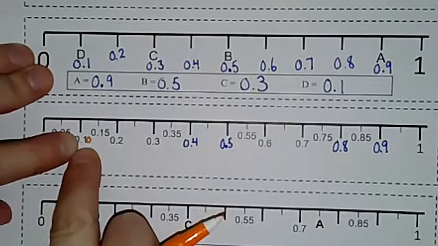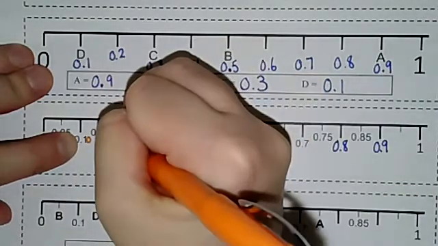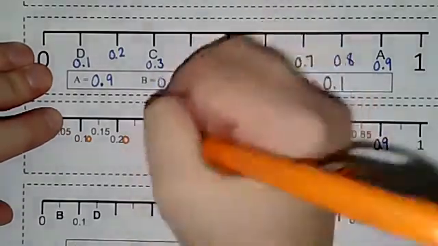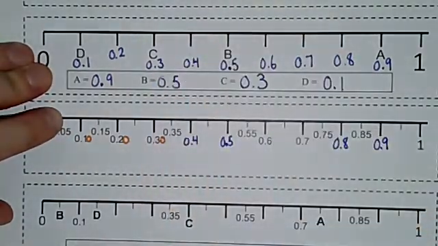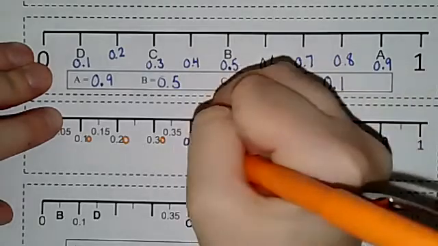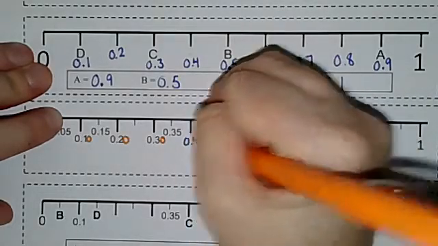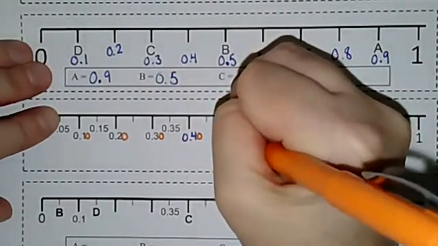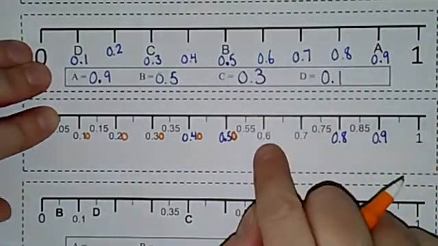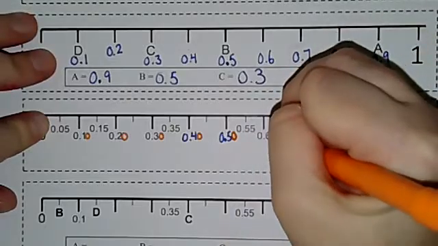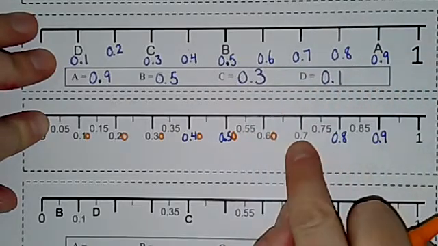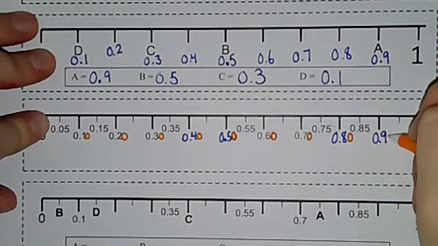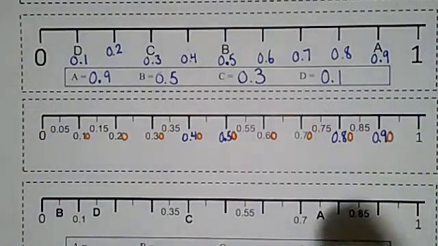So put a 10 there. 2/10 is the same as 20 out of 100, ain't it? 3/10 is the same as 30 out of 100. 4/10 is the same as 40 out of 100. 5/10 is the same as 50 out of 100. 6/10 is the same as 60 out of 100. 7/10 is the same as 70. 8/10 is the same as 80. 9/10 is the same as 90 out of 100.